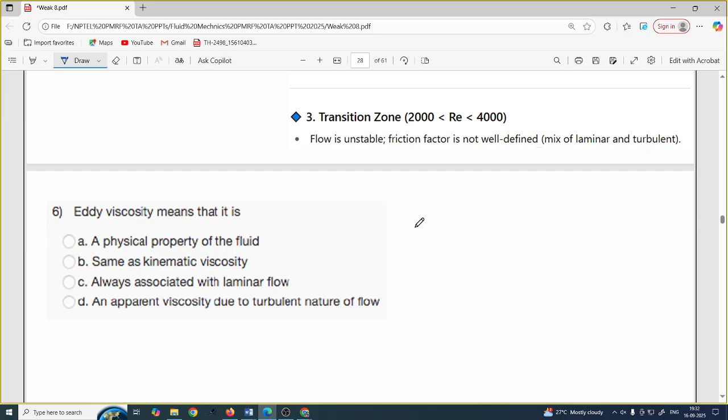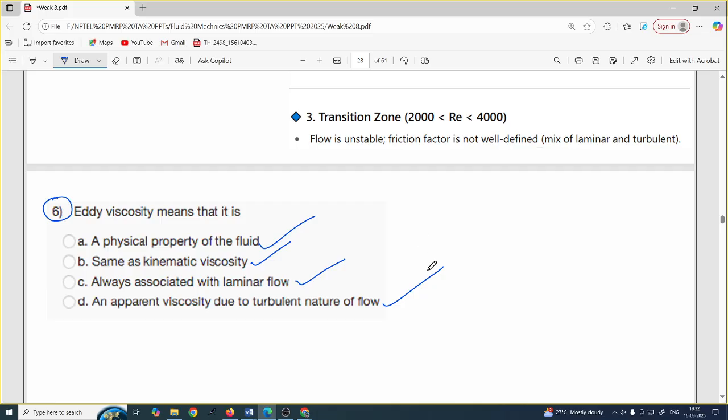So next question, question number 6, very important. Eddy viscosity means, what do you mean by eddy viscosity? Option A, a physical property of the fluid, same as kinematic viscosity; always associated with laminar flow; and apparent viscosity due to the turbulent nature of the flow.